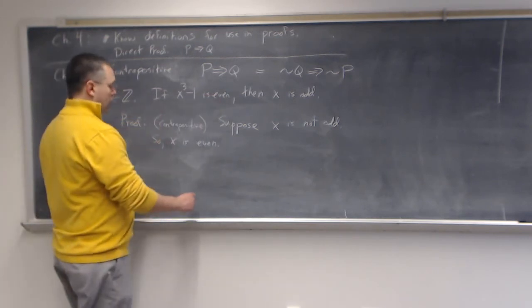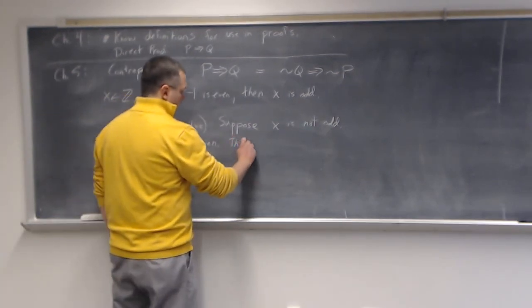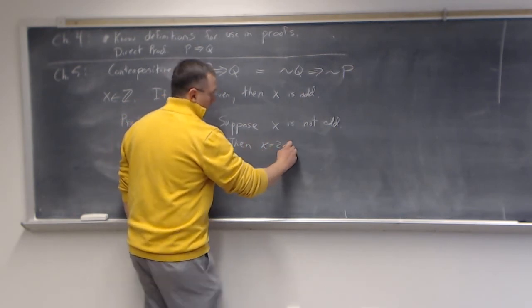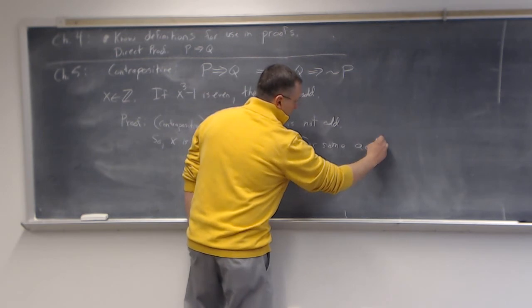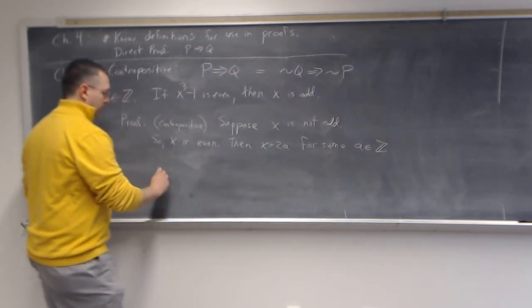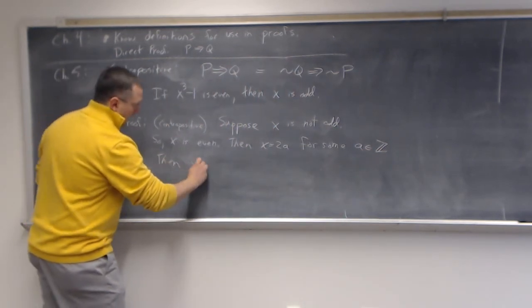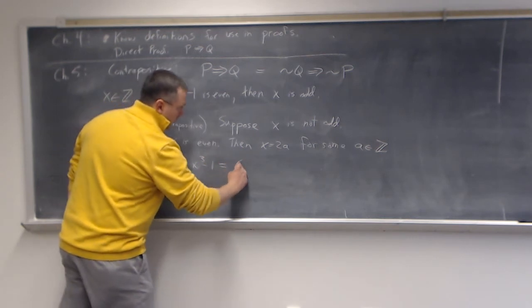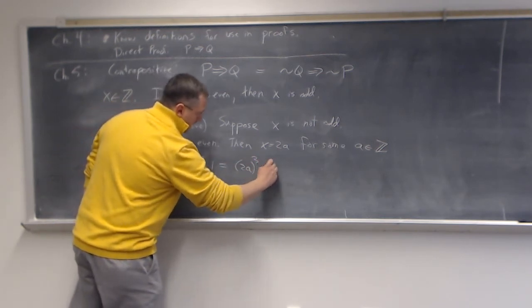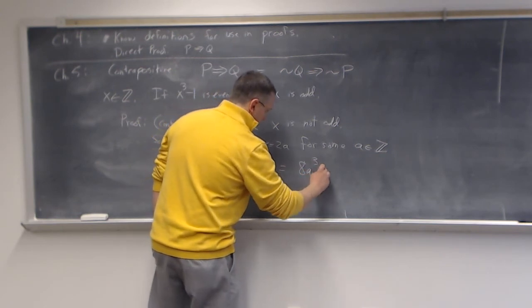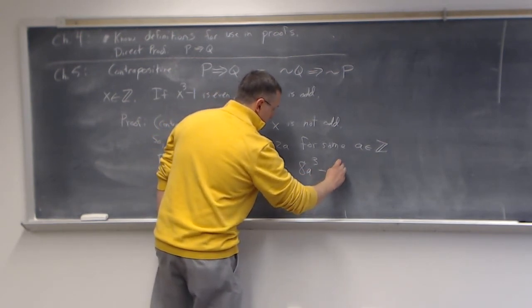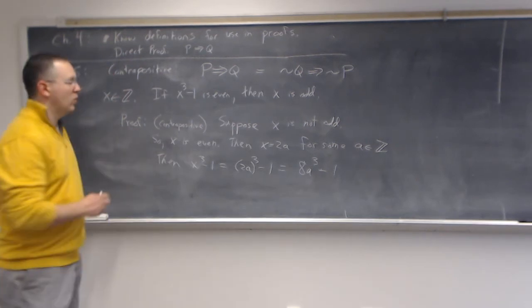So, if x is even, then x equals 2a for some integer a, and x cubed minus 1 equals (2a) cubed minus 1 equals 8a cubed minus 1.